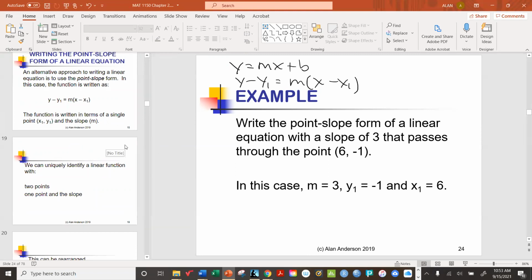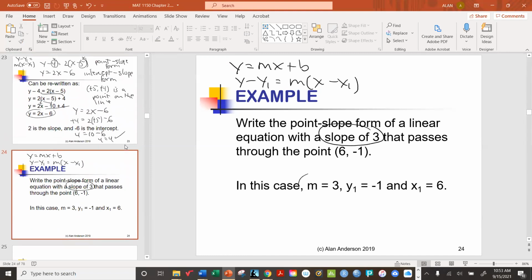Given this information, the slope is 3. The point is 6, -1. What I'd like you to do is first write the equation, just for practice, in point slope form.